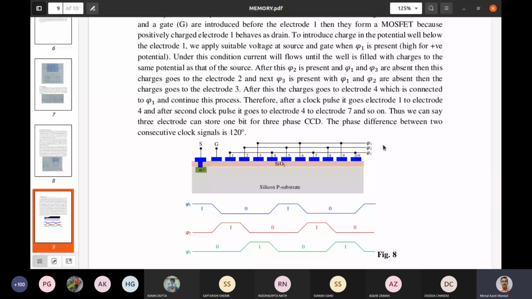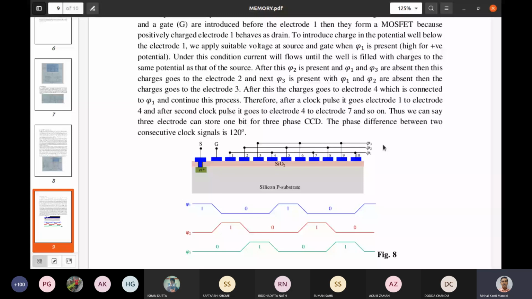That means the charge in the potential well of electrode 1 will be shifted or transferred to the potential well created below electrode 2. And then when phi 3 is on, the potential well will be created below electrode 3, and the potential well at electrode 2 will reduce, and the charge will be transferred from 2 to 3.